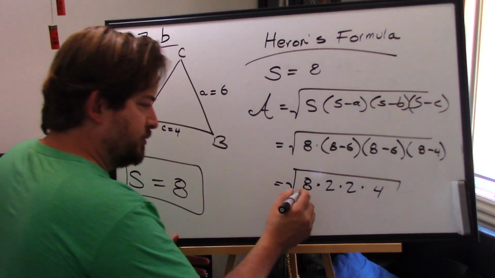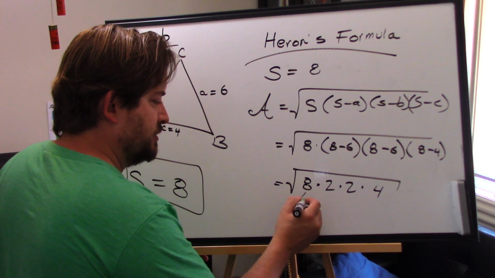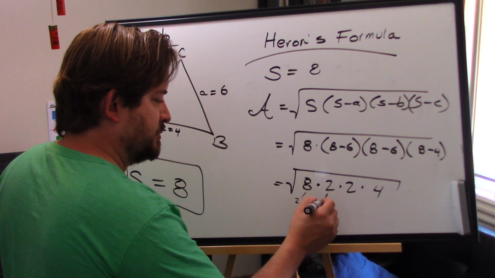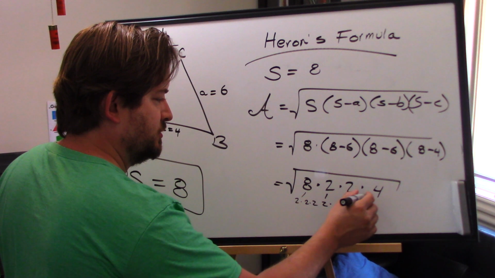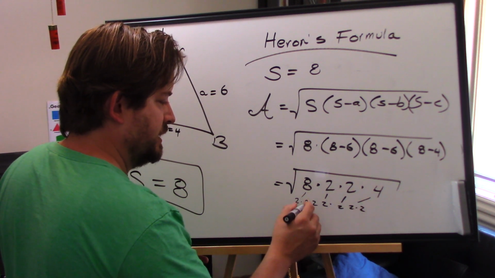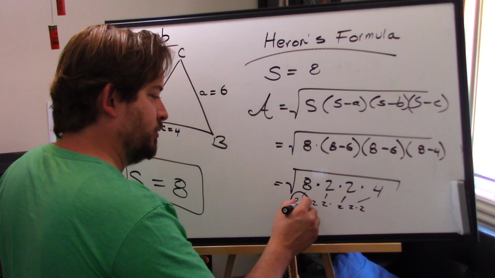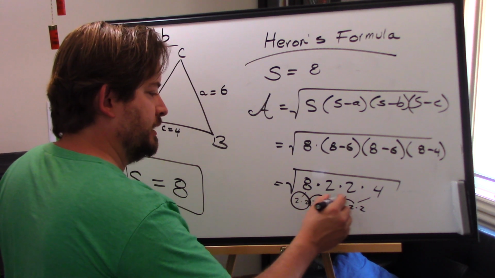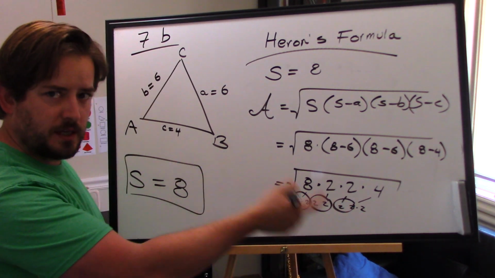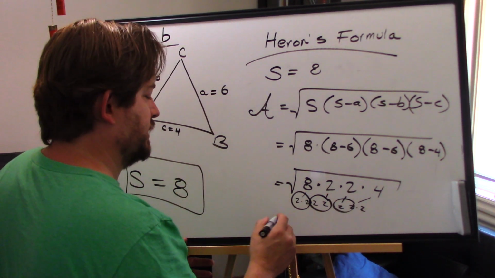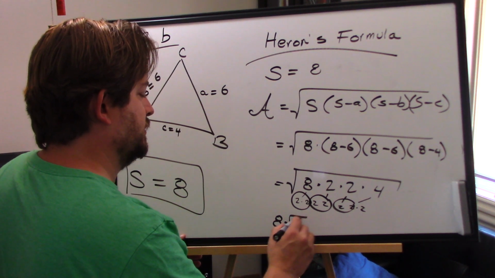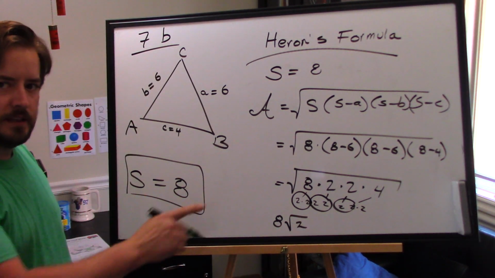And if I think of it this way, 8 is just 2 times 2 times 2, times my next 2, times 4, which is 2 times 2. I'm under a square root, so I can pull out one group of 2's, another one, and another one. So 2 times 2 times 2, that's 8. And I have a root 2 left underneath. I have 8 root 2, and that's my area.